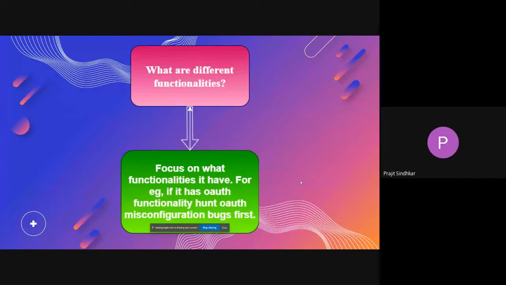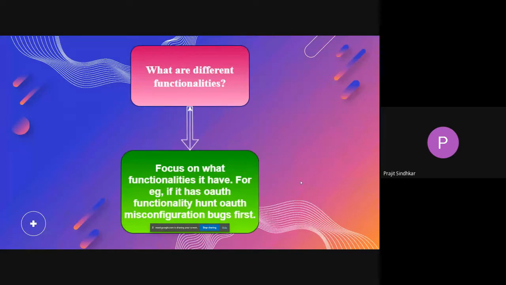Okay. Now we have discussed different factors of how they affect your methodology, and how you should be flexible regarding it. This certainly helps in approaching a target, but does this help in finding bugs efficiently and reporting them?